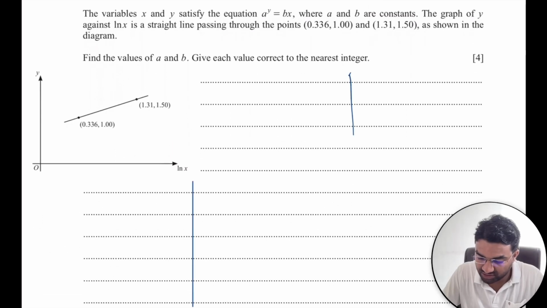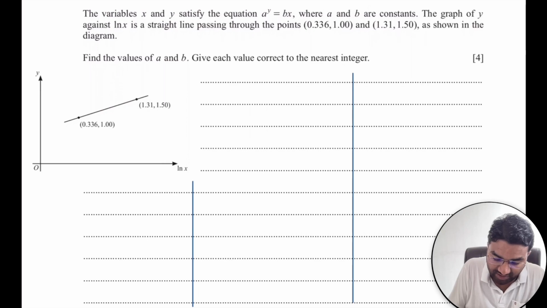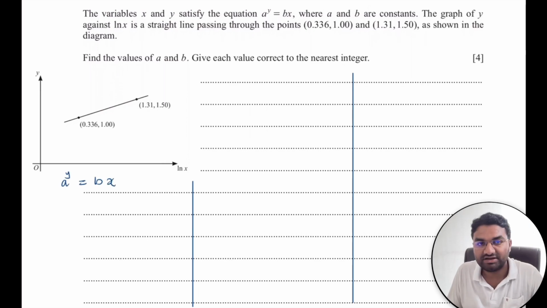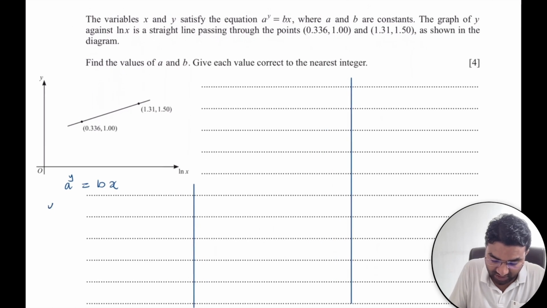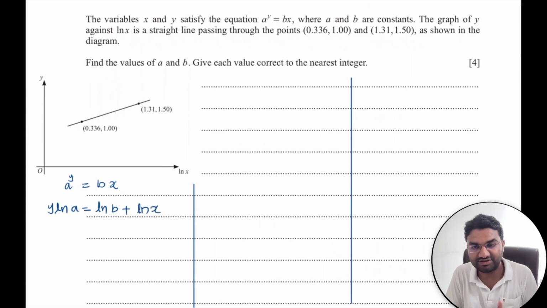We have to write the given equation: a to the power of y = bx. Now use ln on both sides. Fine. So it will be y ln a = ln b + ln x.